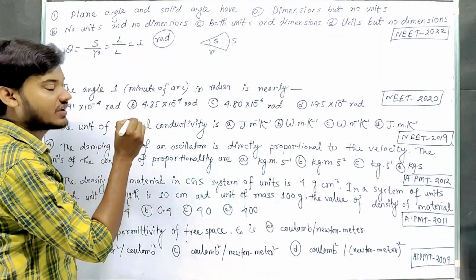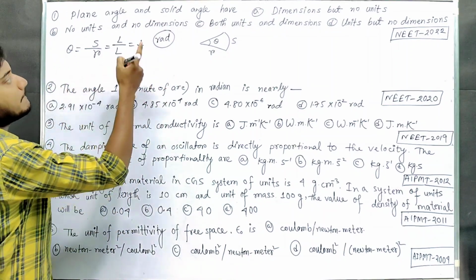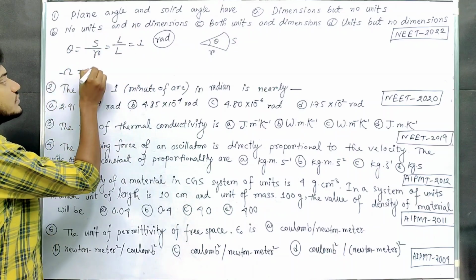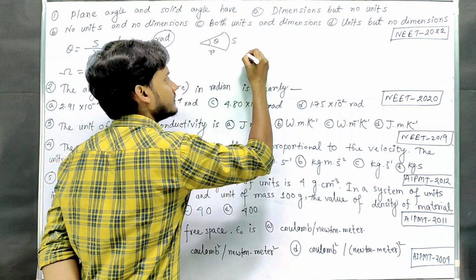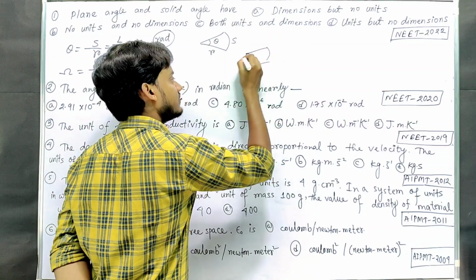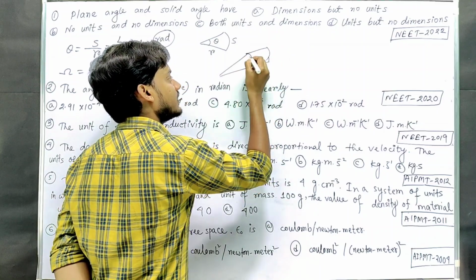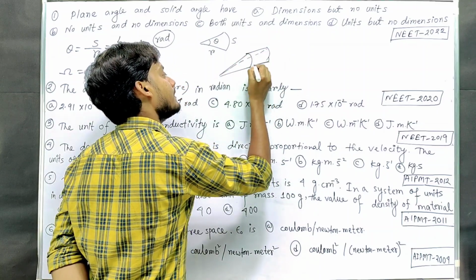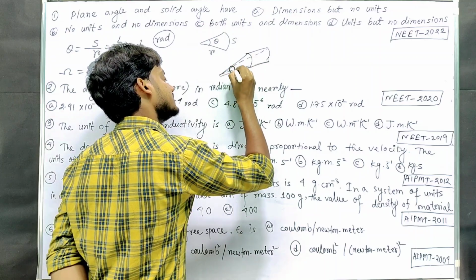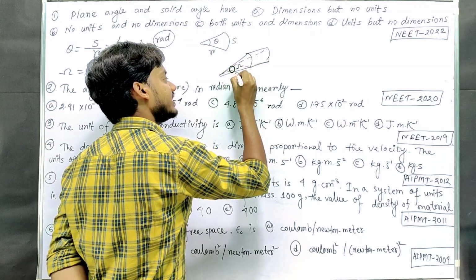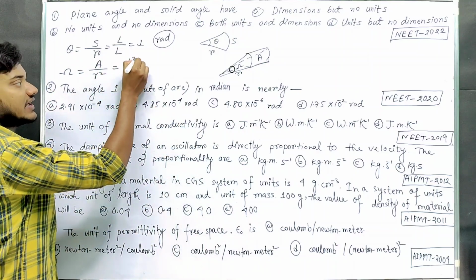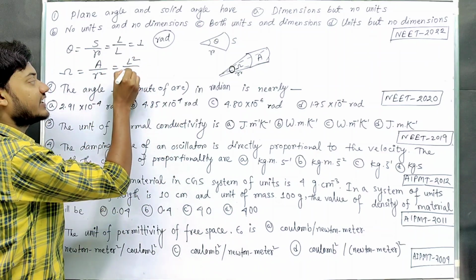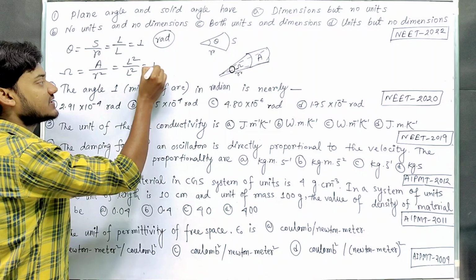Now solid angle omega equals area by radius square. Suppose this is the area, this is solid angle omega, radius r, area A. Dimension of area is L square, dimension of radius square is L square, so it is dimensionless.